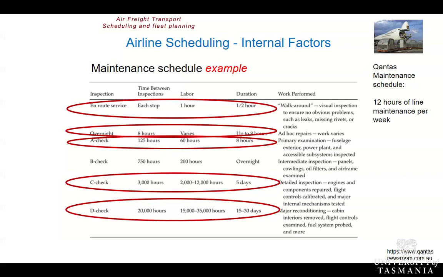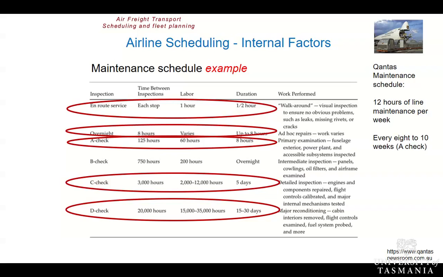Now, I found something on Qantas. They say that in a normal week, there's 12 hours of line maintenance per week. So 12 hours of time spent looking at the aircraft. Every 8 to 10 weeks, there's an A check.